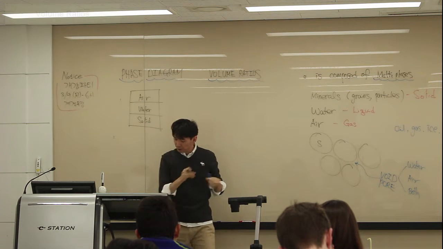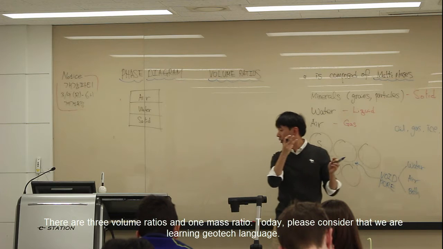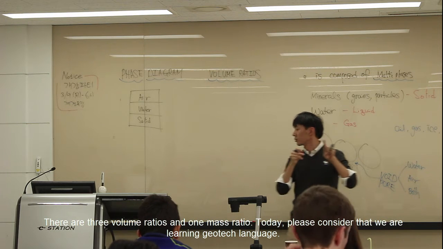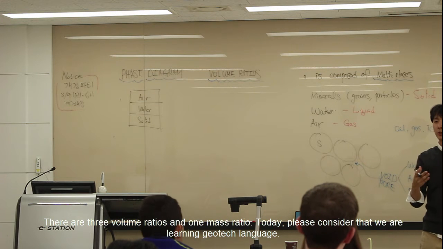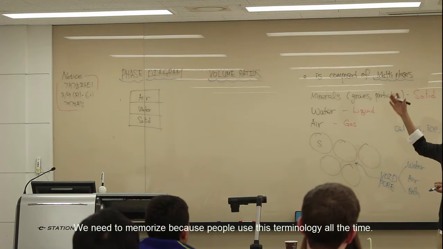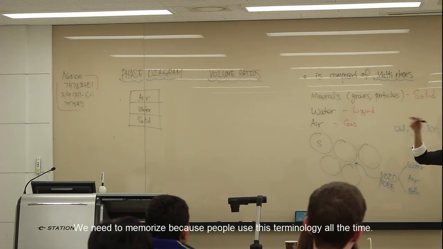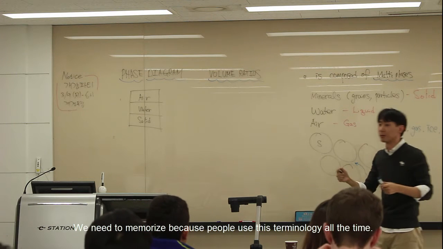So there are three volume ratios and one mass ratio. So today, let's consider that we are learning the geotech language. These are the definitions that we need to memorize, and people use this terminology all the time.